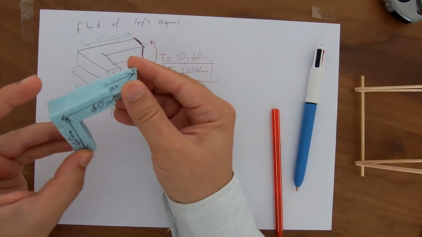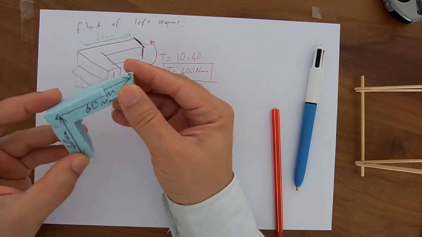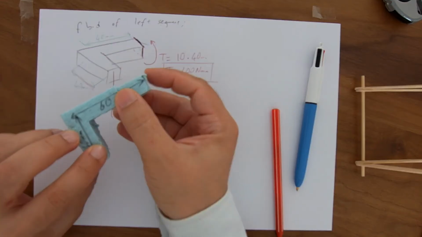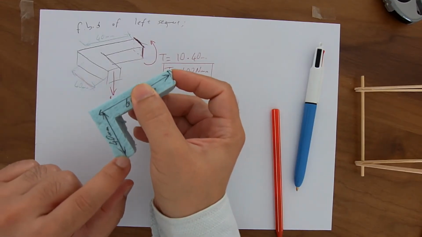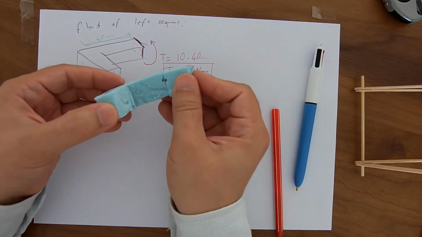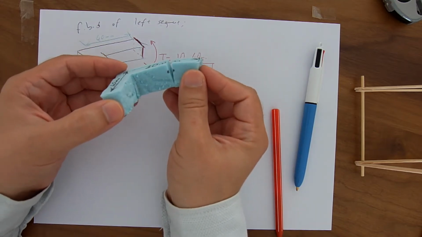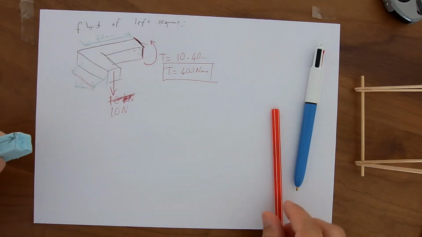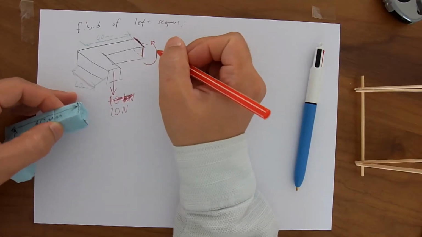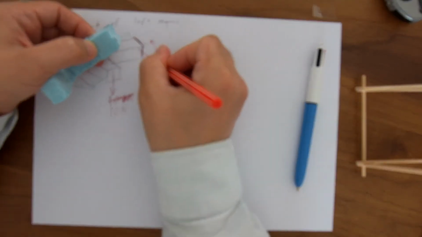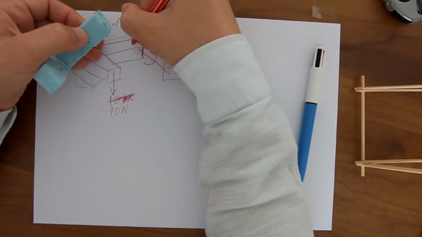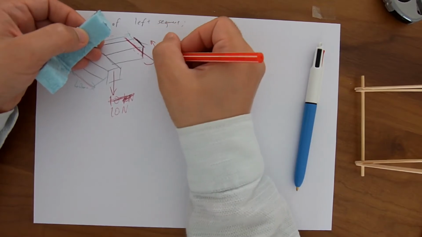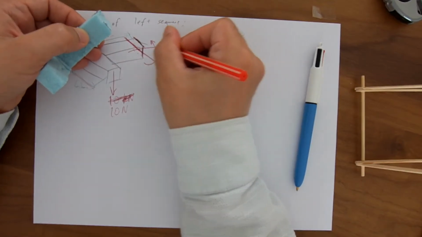So one is torsion effect. The other is bending effect, right? As well as torsion, there is bending, which causes the section to bend like this, and the axis of bending is this. So this is the axis for bending. For the torsion, the axis is this.